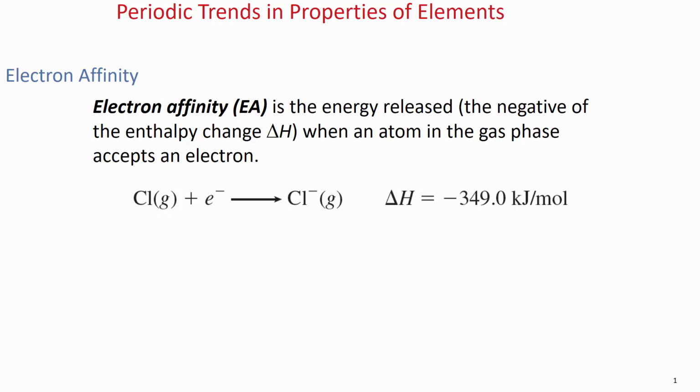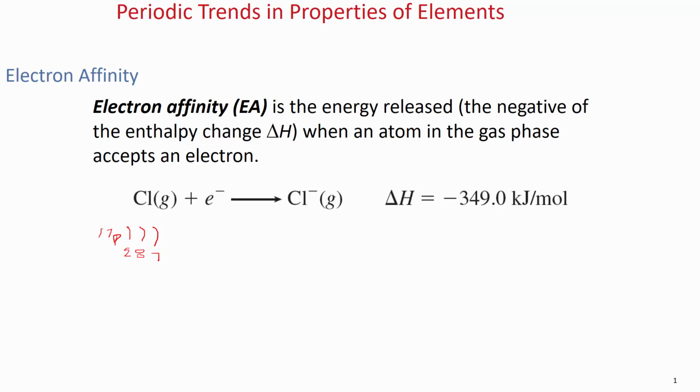We've talked about something like chlorine here. Chlorine has 17 protons in the nucleus, and it has 3 shells around it. There are 2 electrons in the first shell, 8 in the second, and 7 in the third.